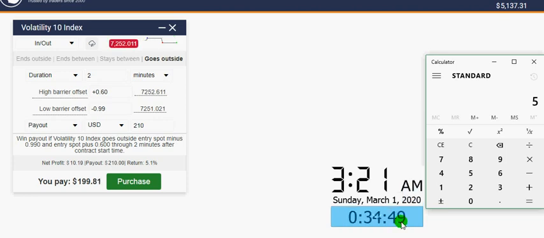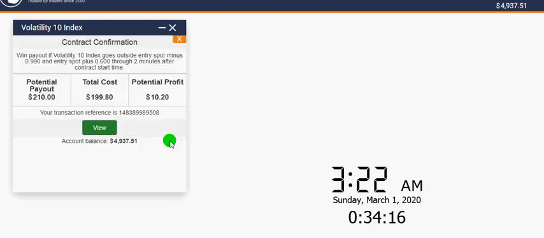Once it's in 20 seconds, we click on purchase. Okay, 20, 19, 18, okay, we click on purchase, then we will click on view.